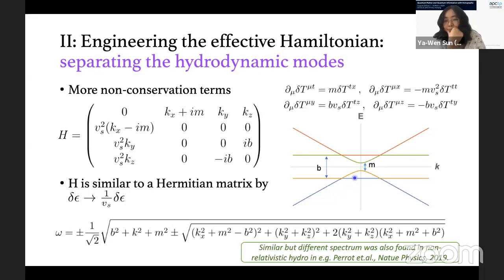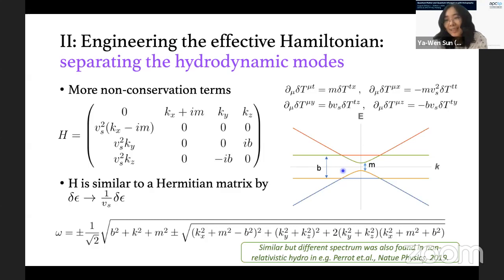And so there are a lot of remarks here. So first, with this effective Hamiltonian, the non-conservation equation becomes like this. And B and M, they are both of order k. And so all of the components are not conserved now.